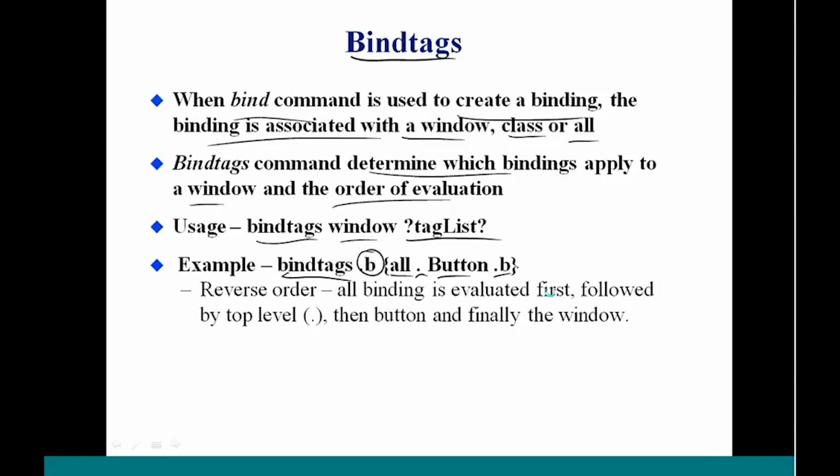So when an event happens, first it's applied to all, which is like everywhere outside, plus the button, and then to the top level, then the button itself, whatever is going on will be evaluated, and then finally .b. This allows multiple bindings to be trapped and then run, and they don't need to run all simultaneously; they follow this order by which they will be run.